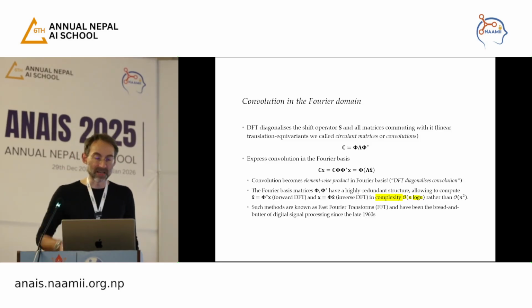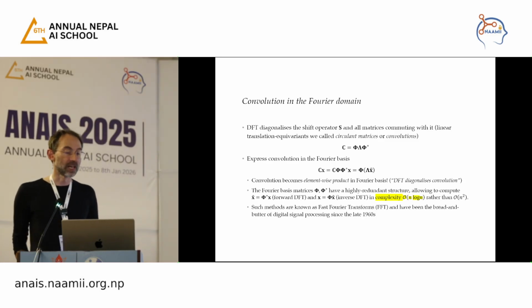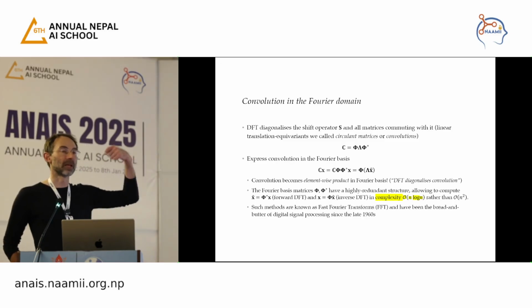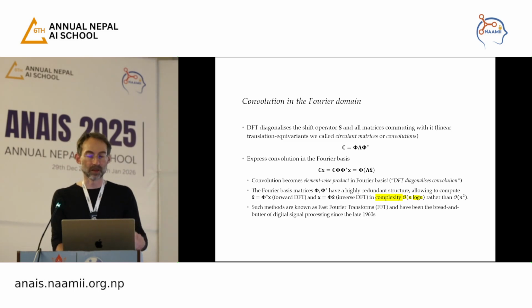And because on the grid these matrices phi and phi star have highly redundant structure, we can compute this multiplication without explicitly multiplying by a matrix. We can actually reuse many of these multiplications quite efficiently. It can reduce the complexity of matrix multiplication from n squared to n log n.